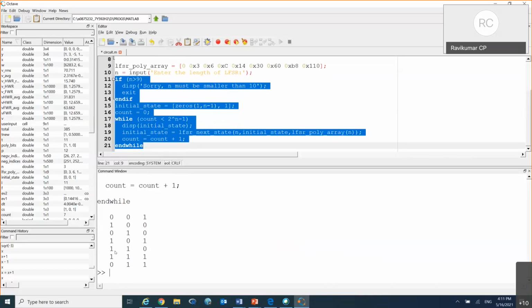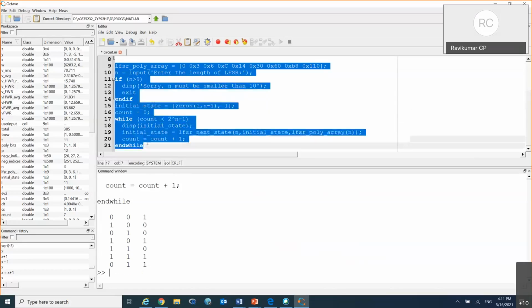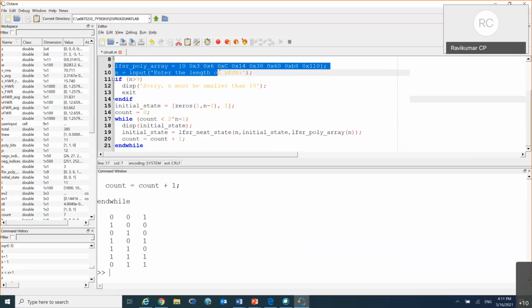Okay. So now let us be ambitious and try LFSR with a slightly larger number. 9, let us try.